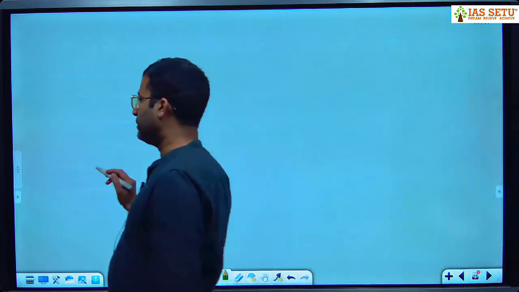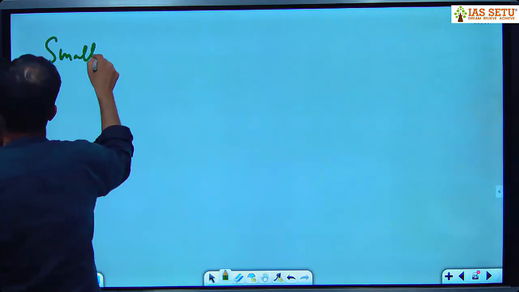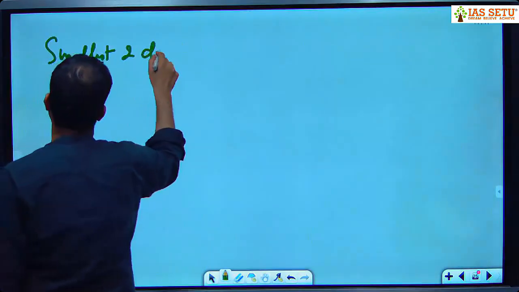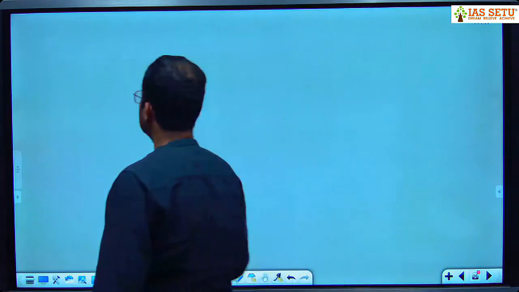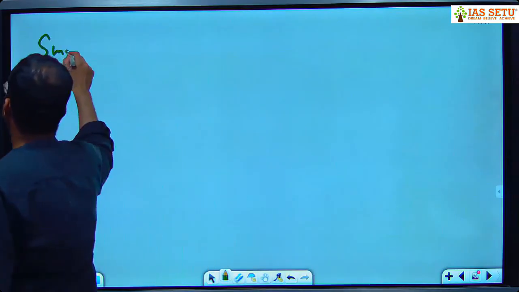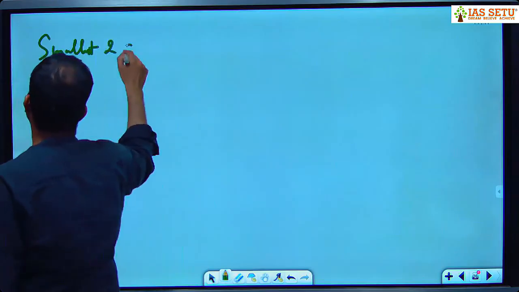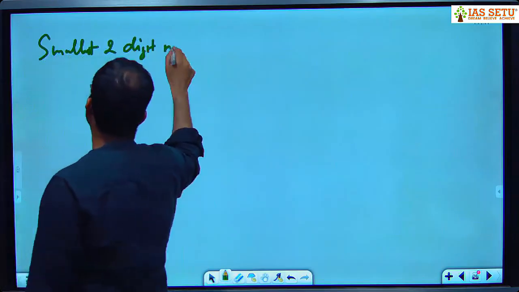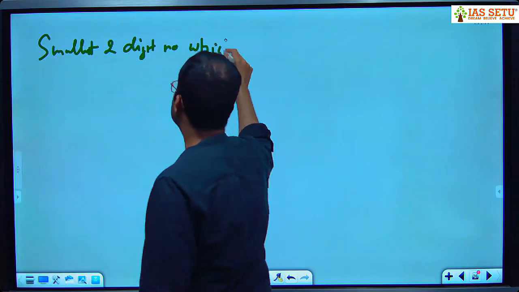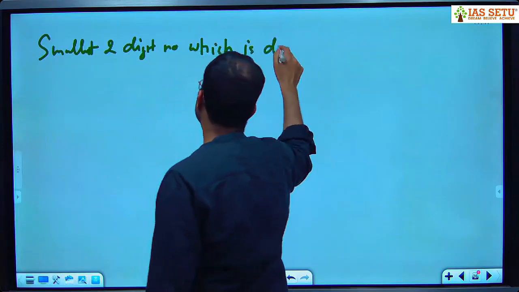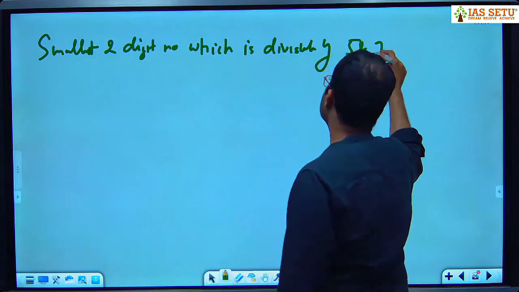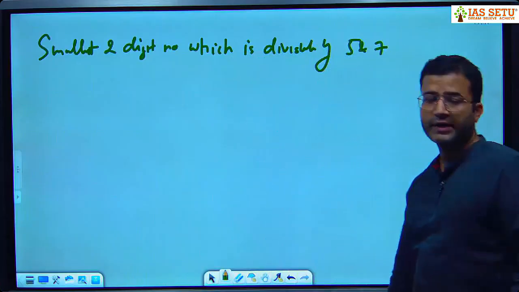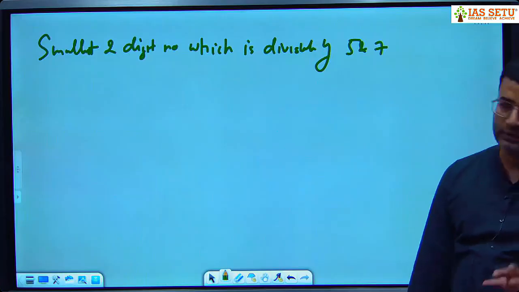So let me come to the topic. Now here, smallest two-digit number which is divisible by 5 and 7. Write in comment 35.